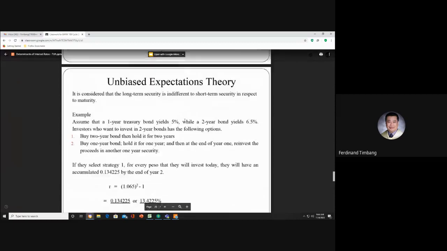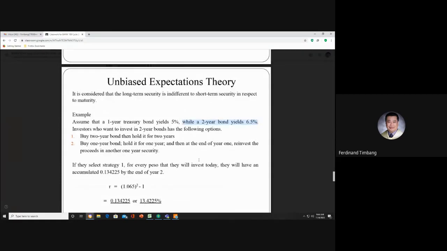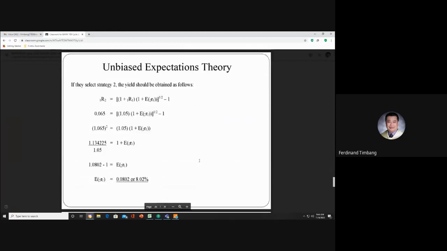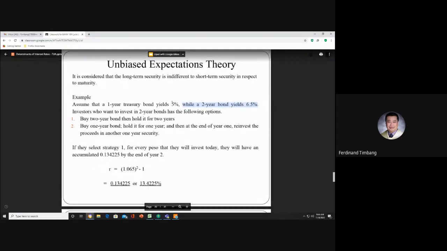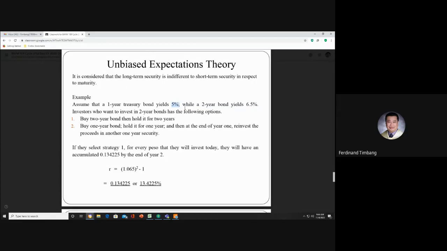Kaya if you placed on period 1 with 2 years maturity, ito siya. Yung formula natin is 1 plus 1R1. Bakit 1R1? Kasi if you place in period 1 with 1 year maturity, ang kikitain mo yung 5%. Okay, nakuha nyo?